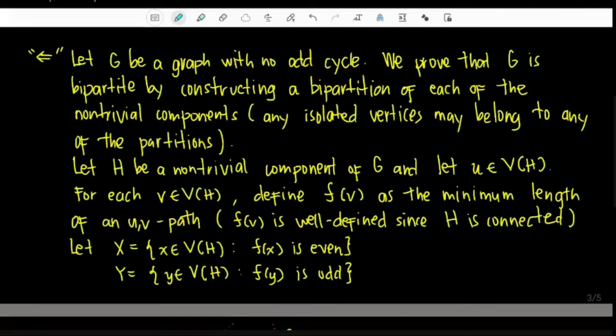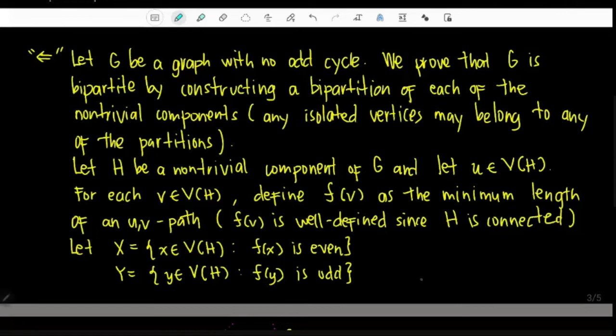Okay? So let H be a non-trivial component of G, meaning H itself is a connected graph, and let U be a fixed vertex in H. Now, for each vertex B in H, define f(B) as the minimum length of a U-B path.